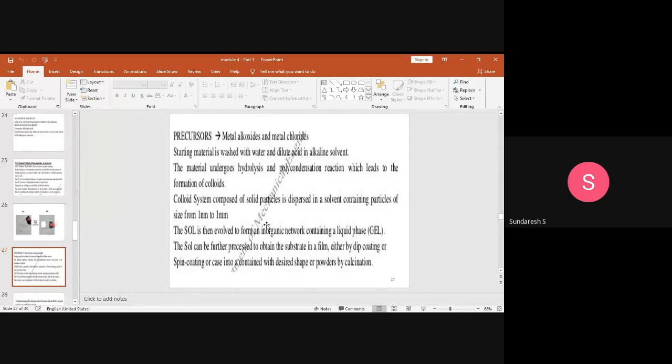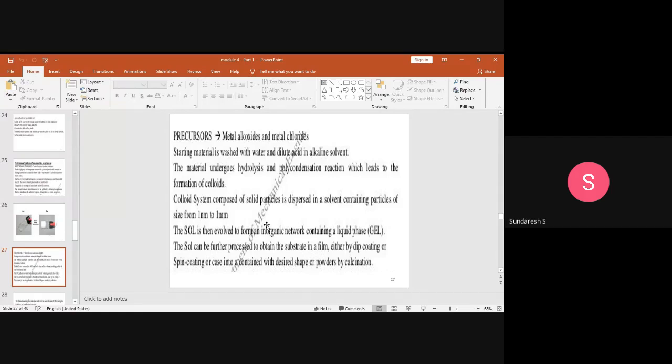This colloidal system is composed of solid particles dispersed in a solvent containing particles of size from 1 nanometer to 1 millimeter.